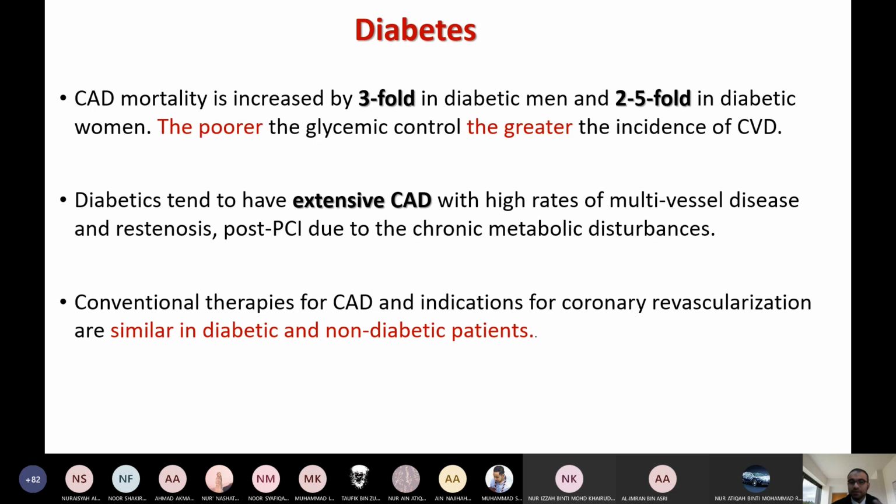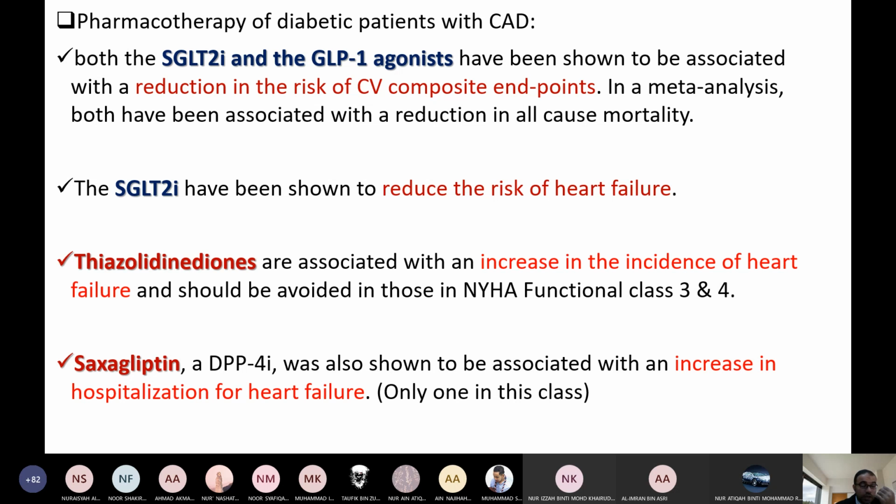Okay, but a diabetic patient should have more extensive consideration for the management related to the diabetes, meaning which diabetic agent can be of the maximum benefit in patients with cardiovascular disease.